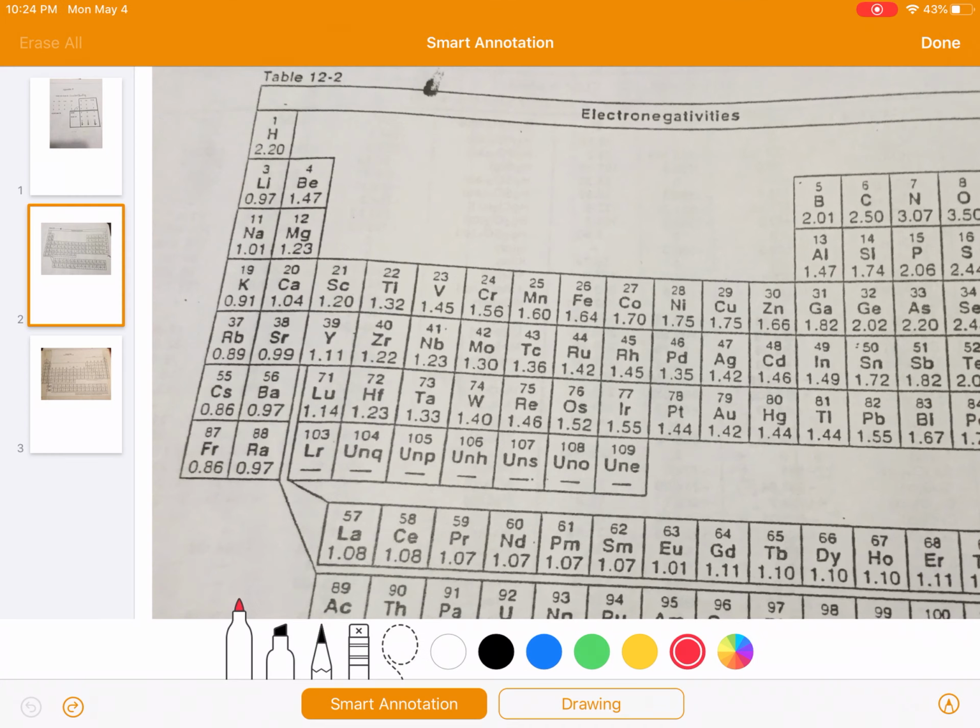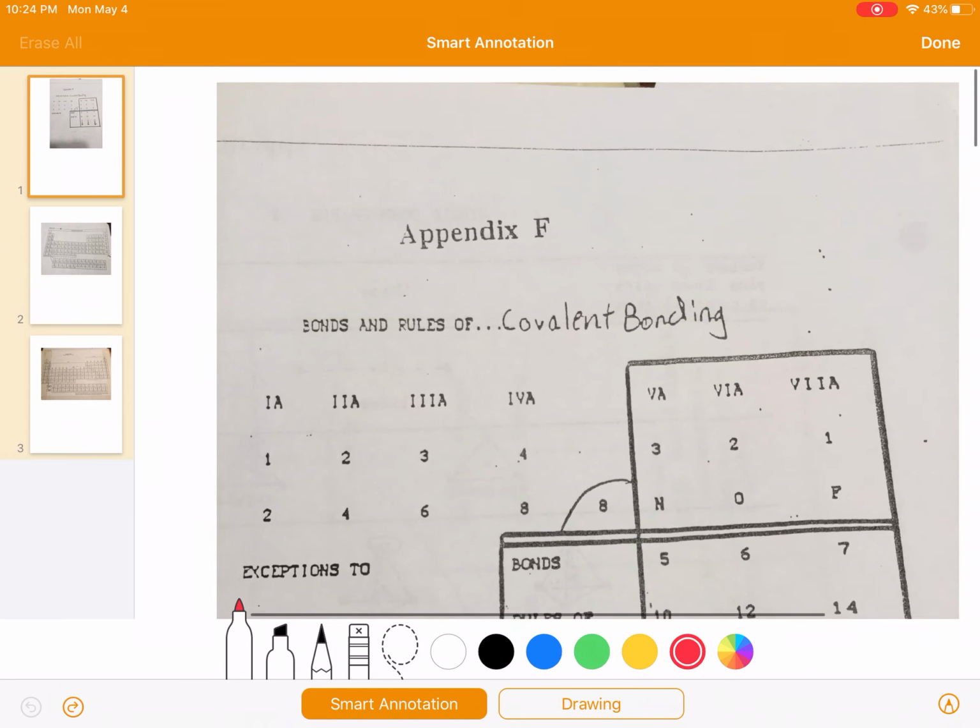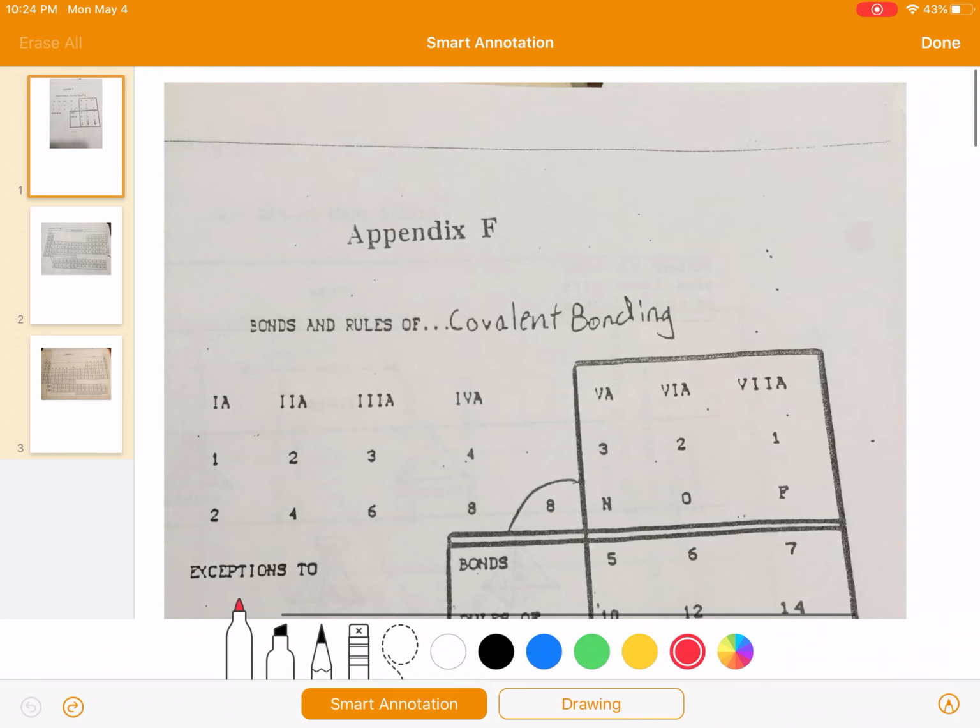My chart shows me that group 1A wants 2 electrons, and group 6A wants 8 electrons. So I've got to get 2 around the hydrogen and 8 around the oxygen.